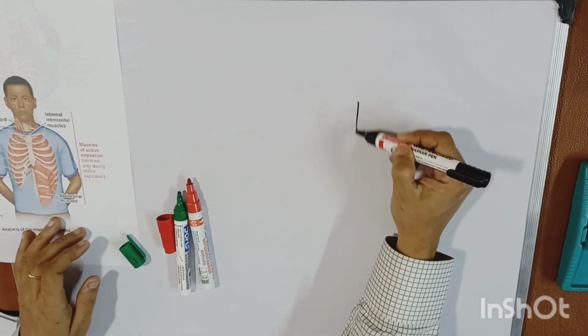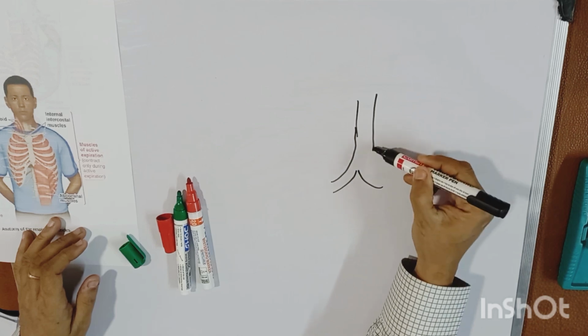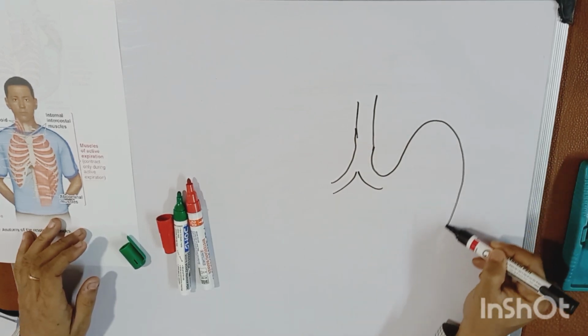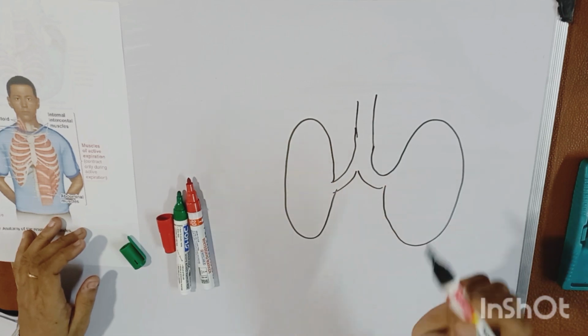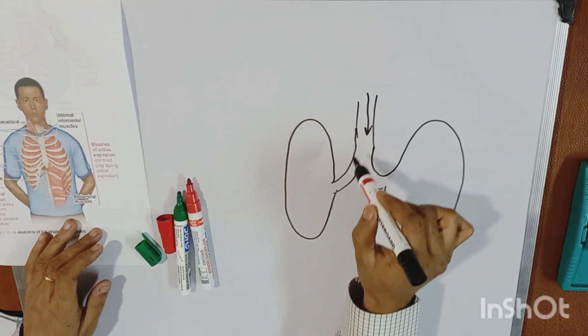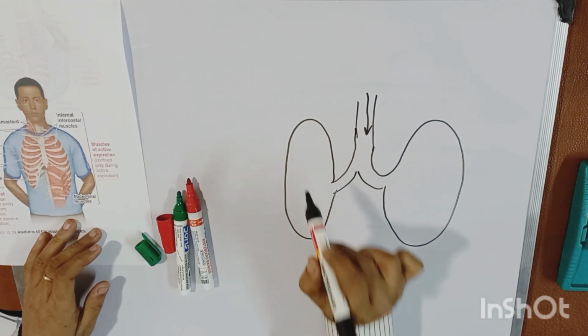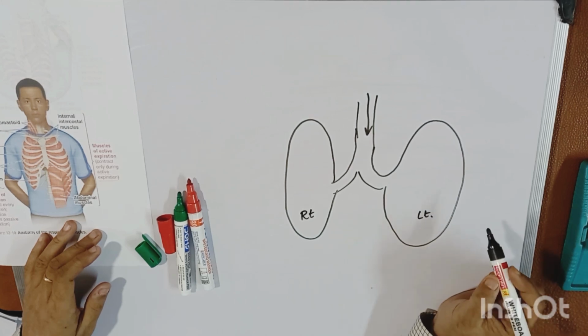So if this is the lung, and the airways that supply the lung. So we have the right lung and the left lung drawn here.